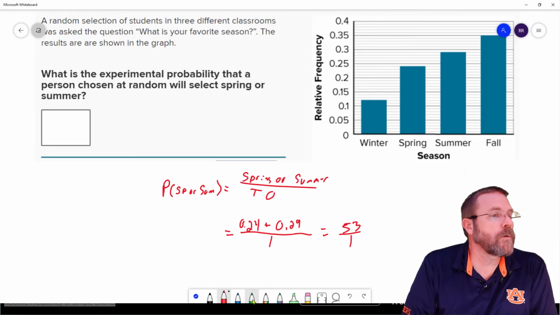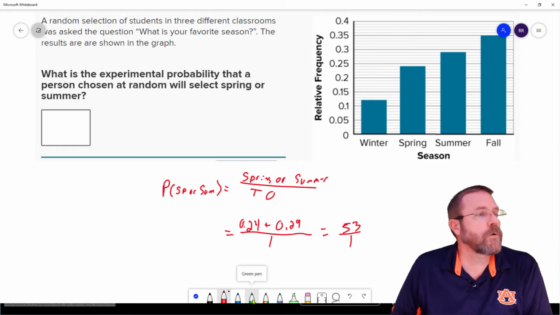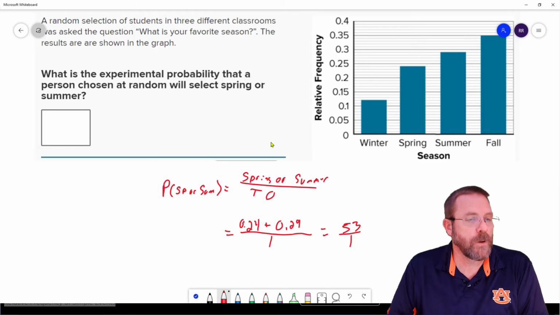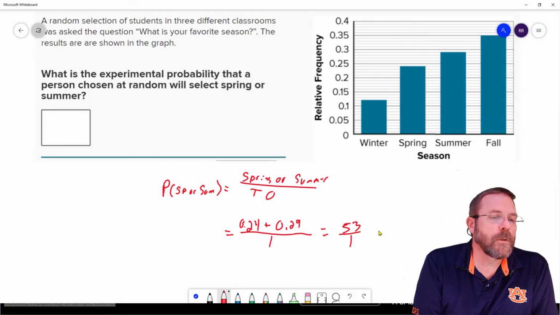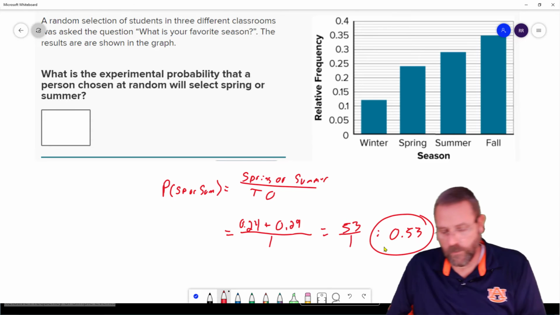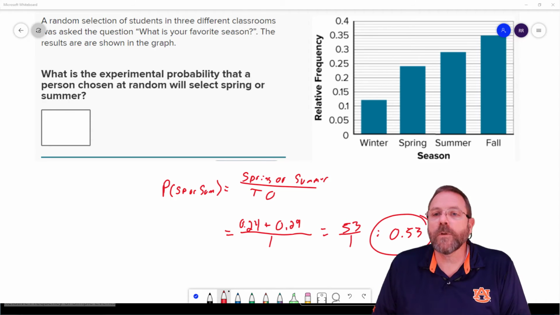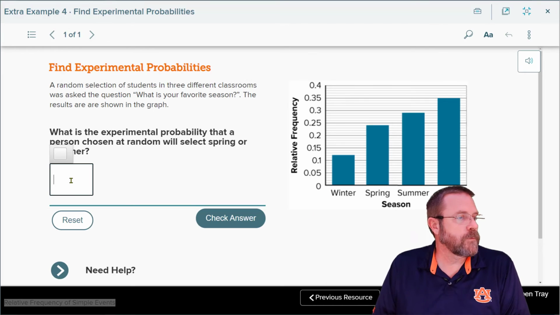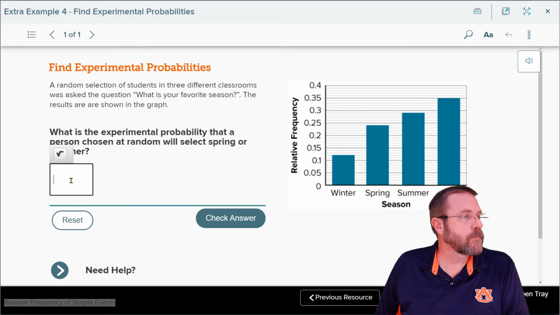Well, experimental probability is going to be 53 out of 1, also known as 53%, or also known as 0.53, I think, is the answer they're actually looking for here. So let's jump over to the textbook, put in that 0.53.